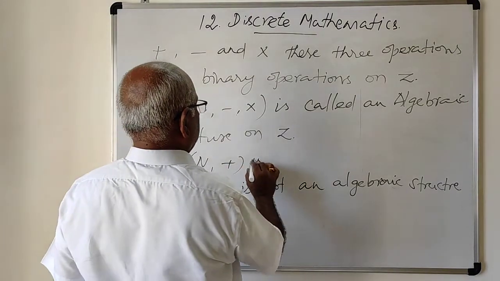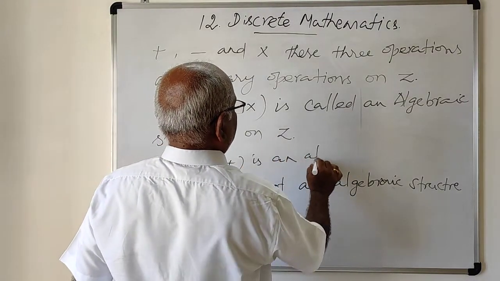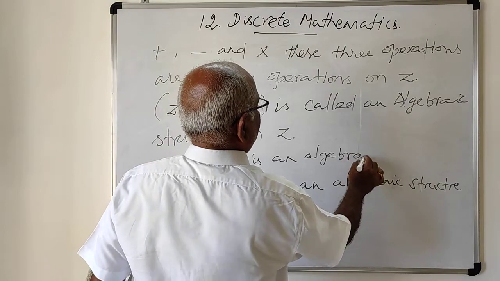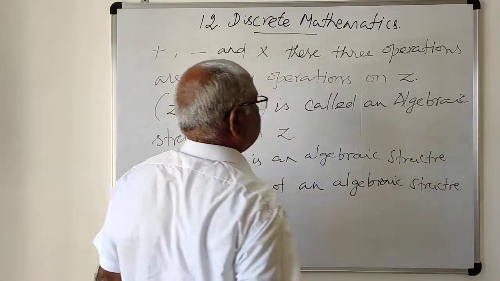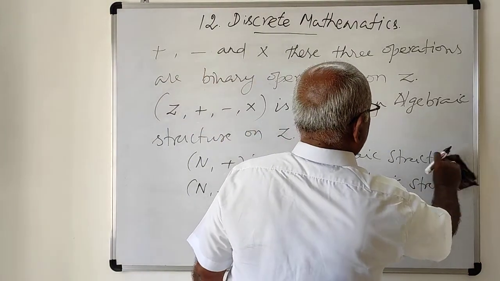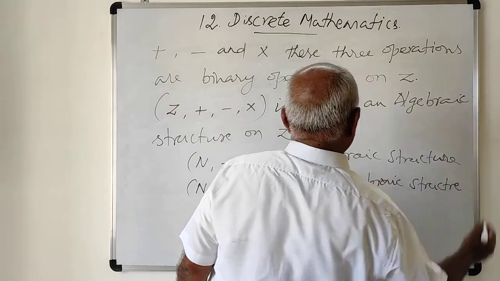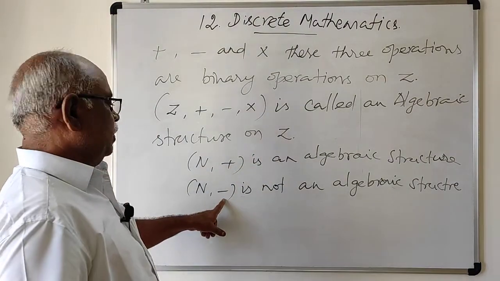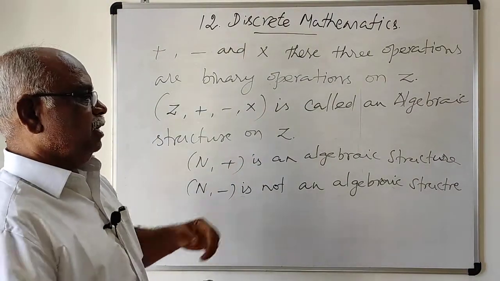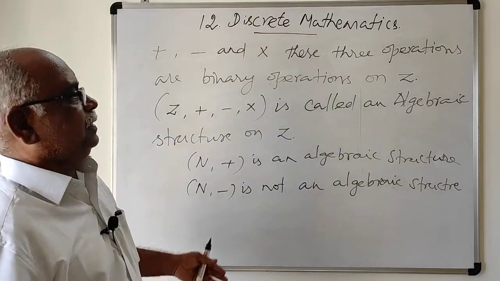But N, plus is an algebraic structure because addition is a binary operation on N. Multiplication is not binary here, therefore it is not an algebraic structure. These are examples of algebraic structures.